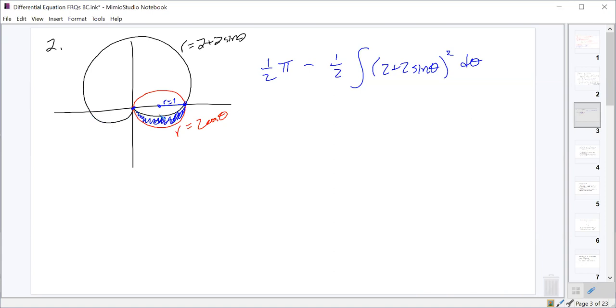So 3 pi over 2 to 2 pi should be the limits we're looking at here to subtract off this section right there. Everybody good with that? A lot of people had those limits off. So hopefully that's okay now.